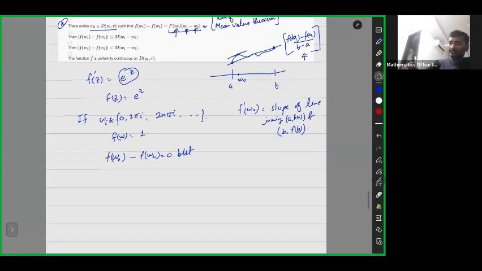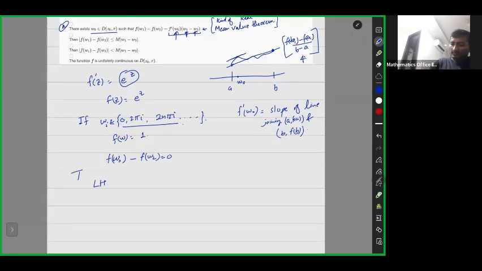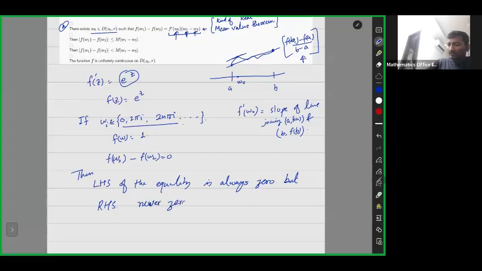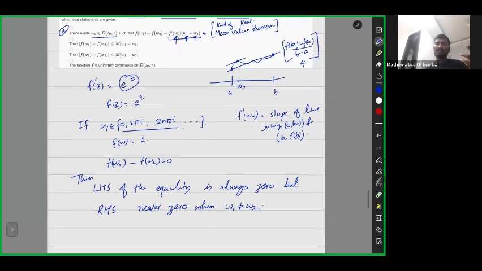Okay, so how to write this? We can write, if w_i belongs to this set, then the LHS of the equality is always 0, but the RHS is never 0 when w1 is not equal to w2. If w1 is equal to w2, left hand side and right hand side both become 0, but that is not what we are asking.